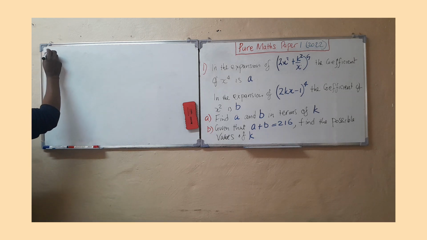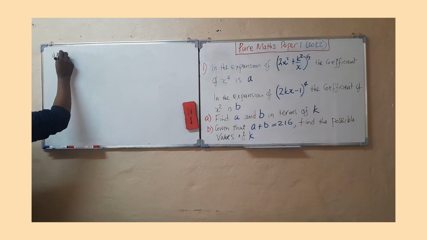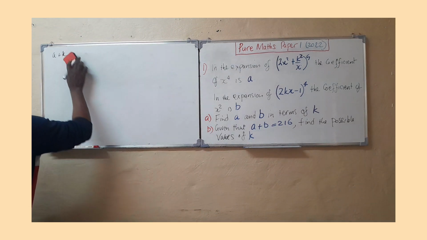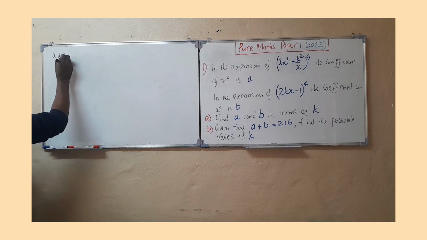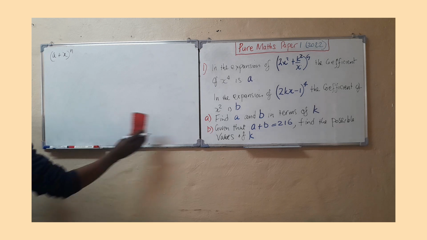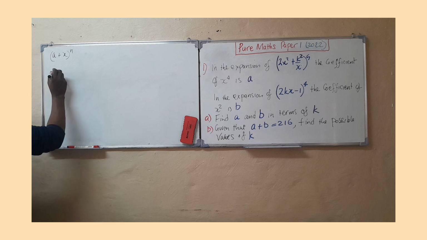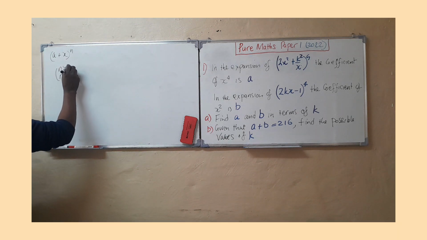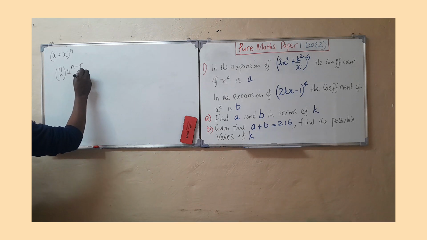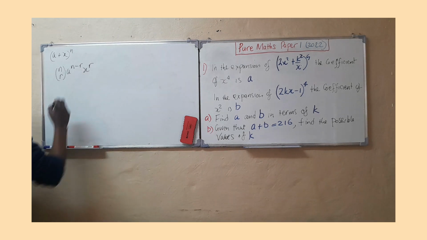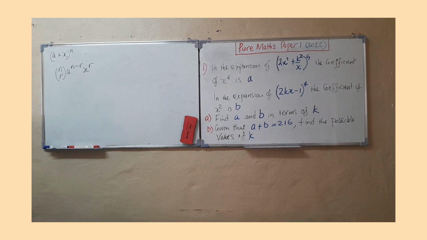Now, if we have a binomial such as a plus x to the power n, the general term in the expansion of this binomial is given by n choose r, a to the power n minus r, x to the power r. This is the term in x to the power r.